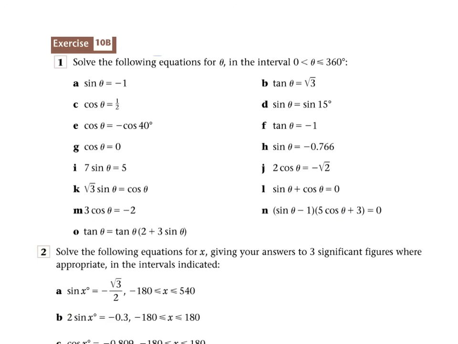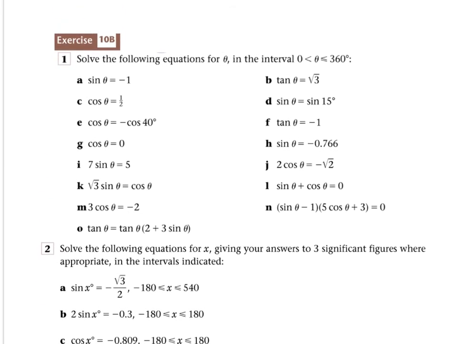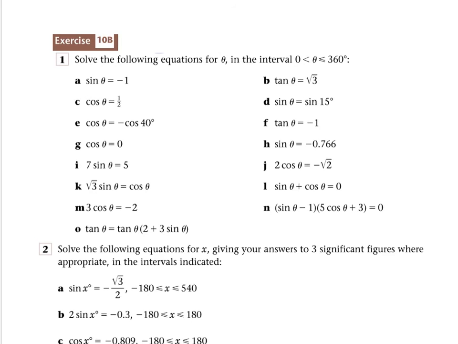Question I would like you to try, there's only a couple of questions actually on exercise 10b. Right, the first question is based on degrees. If you look there, there's your interval, so that's in degrees. And I'd like you to try the first column.